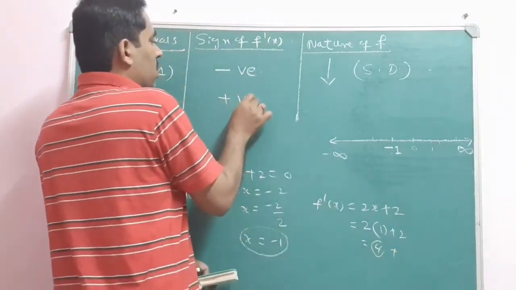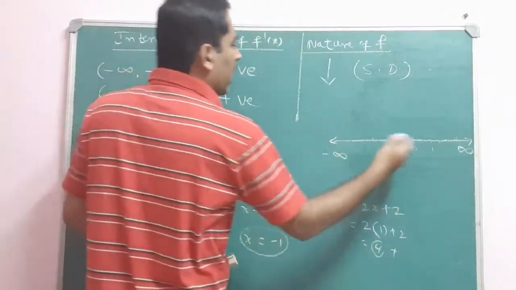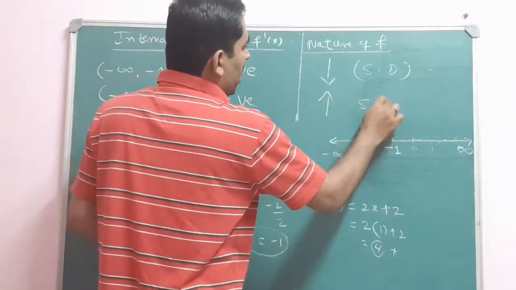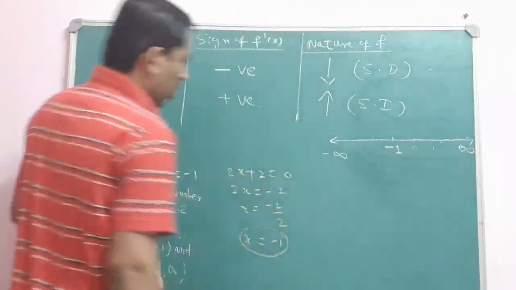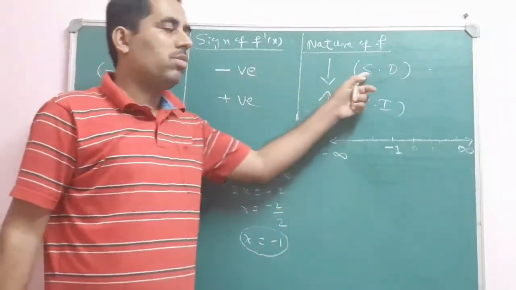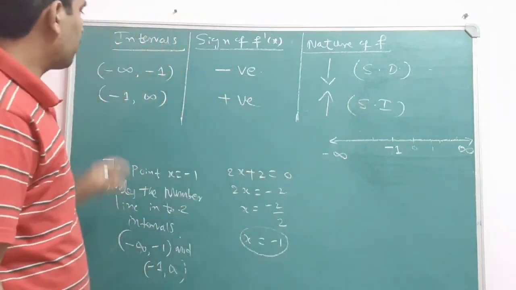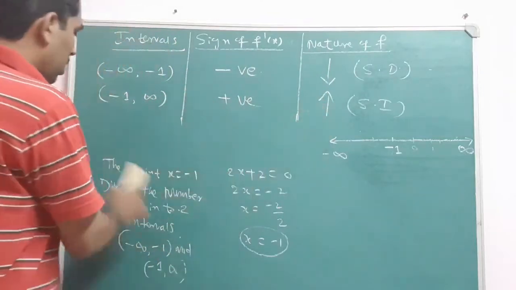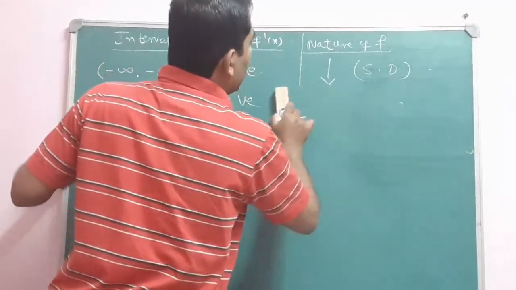So in this interval, where x is greater than minus 1, the sign of the derivative is positive, so it is strictly increasing. If the sign of the derivative is negative, it is decreasing. If the sign of the derivative is positive, it is increasing. So in the first interval it is decreasing, and in the second interval it is increasing. In this way we can check whether the function is increasing or decreasing.